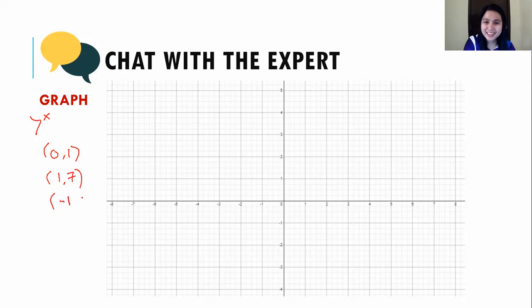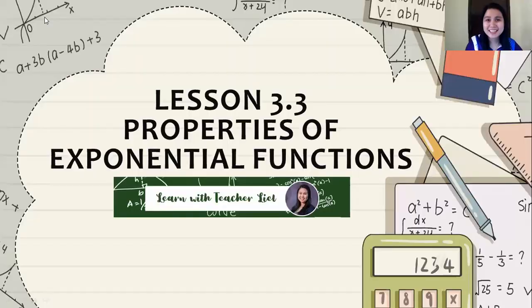Negative 1 and 1/7. So let's plot it. 0, 1. Let's imagine there's 7 here. Then negative 1, 1/7. It's asymptotic. Again, it will never cross the x-axis. So this is now our graph. Any questions? Or give me a thumbs up if you're ready.